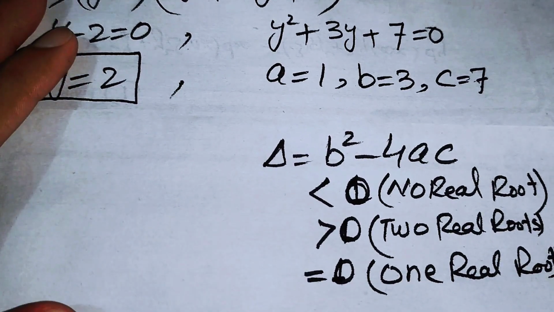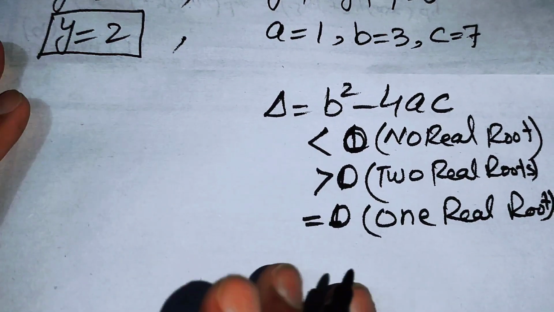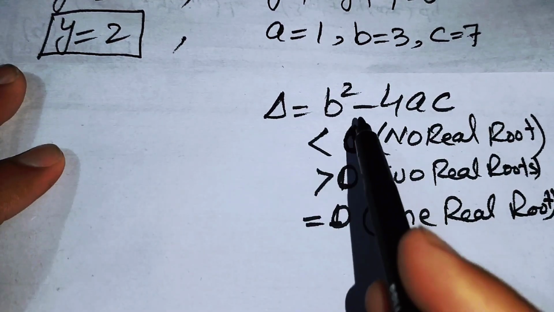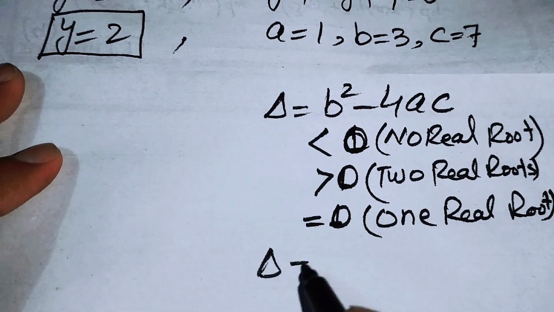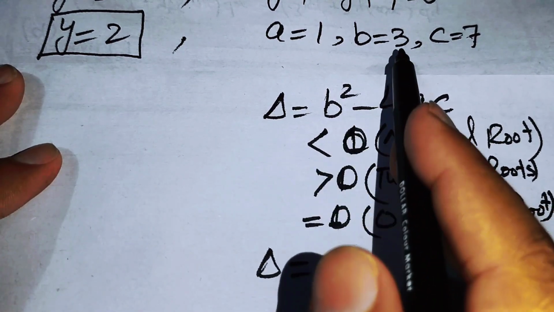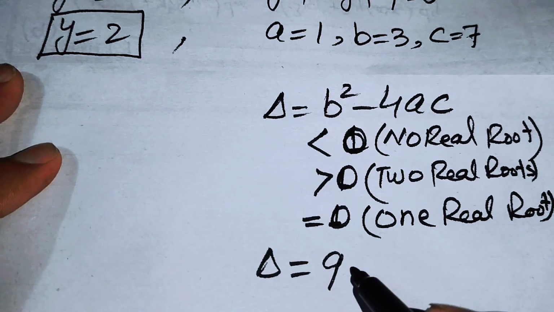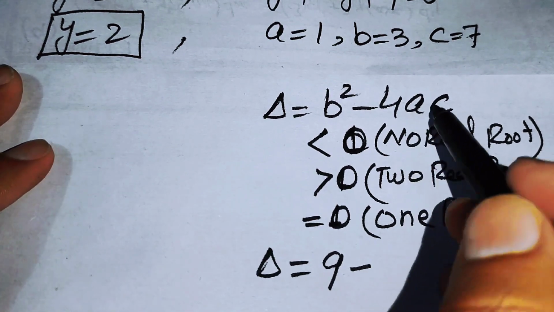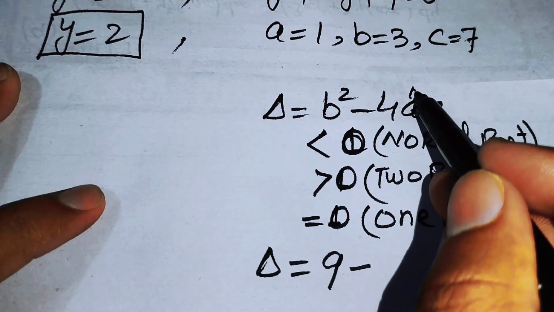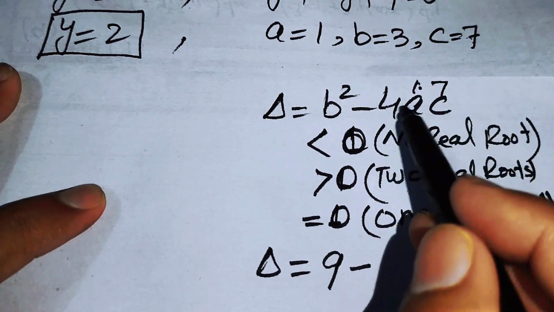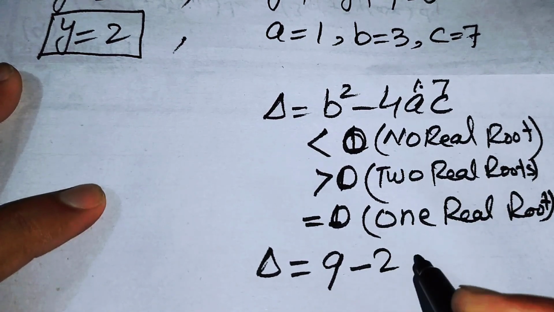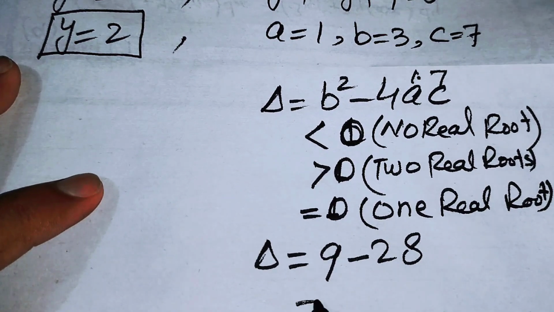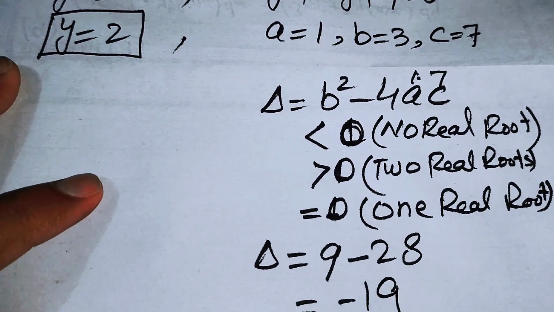Now we check the behavior of this delta by putting in the values of a, b, and c. You get delta is equal to b squared. The value of b is 3, so it is 9 minus 4 times a times c. The value of a is 1 and the value of c is 7, so 4 times 7 is 28, and 9 minus 28 is equal to minus 19.